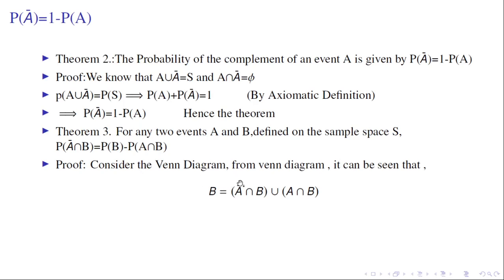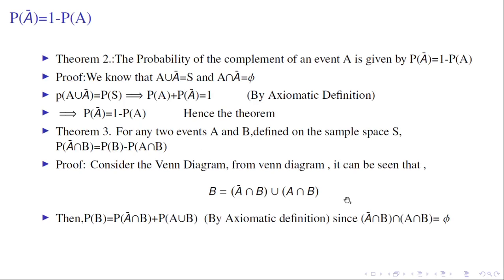Consider the Venn diagram. From the Venn diagram, it can be seen that B is equal to A bar intersection B union A intersection B. B is the union of these two events. Taking probability on both sides, since these two are mutually exclusive events, we can write plus instead of union.